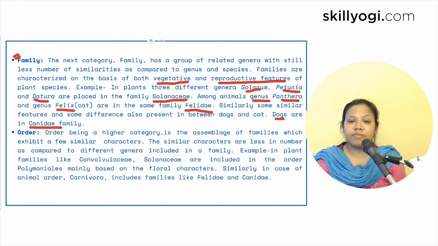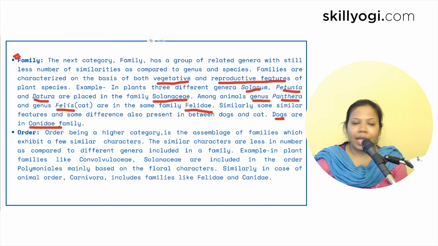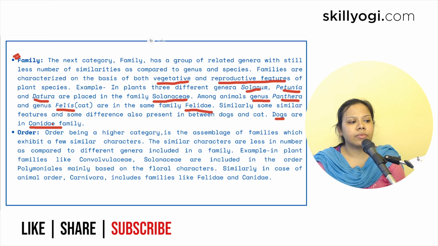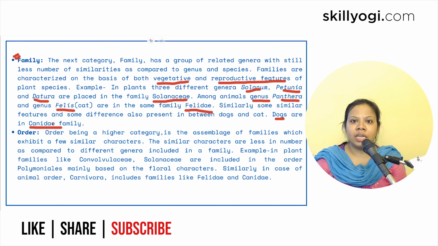These are different families. In plants there are Solanaceae, Rosaceae, and in animals there are also different families: first Felidae, second Canidae. And every family comprises different genera.